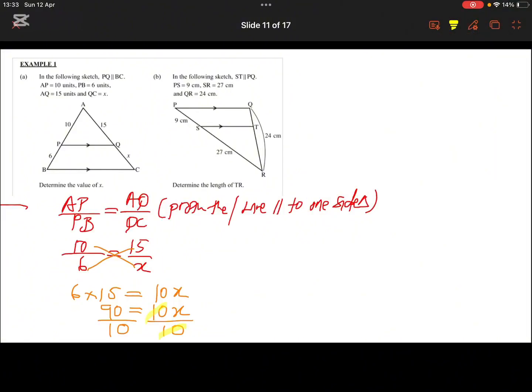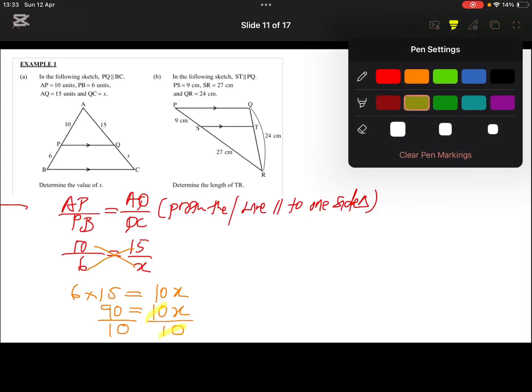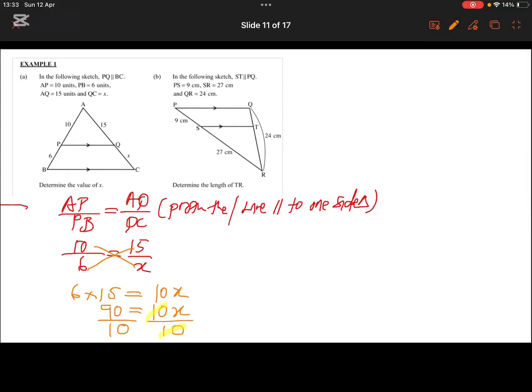The 10 divides the 10 to get 1, and the value of X will be 90 divided by 10, that will be 9. Then in that case, our X value will be equal to 9 units.